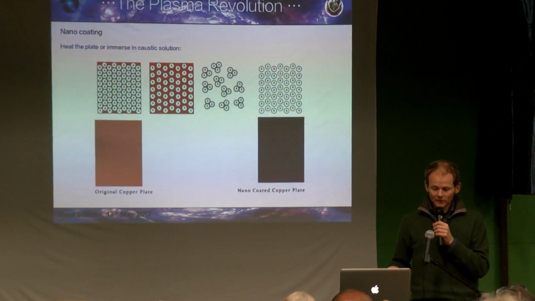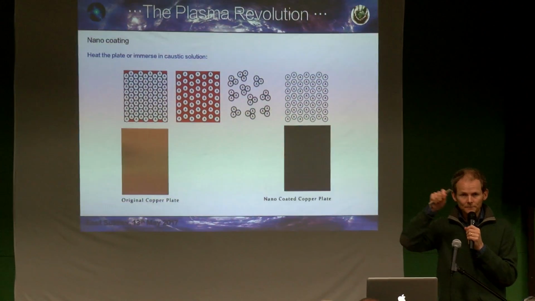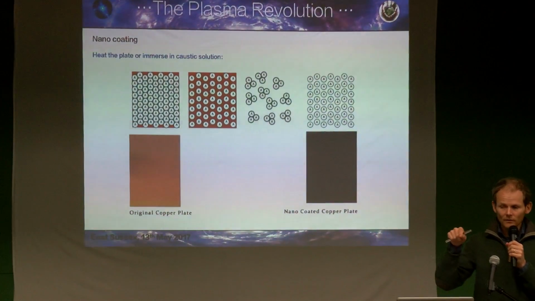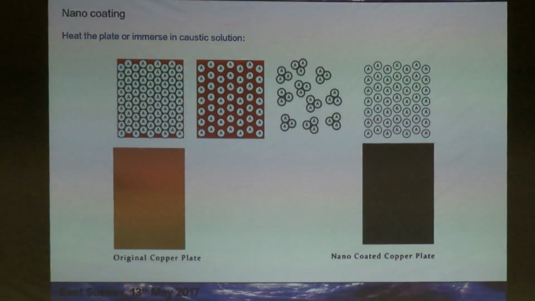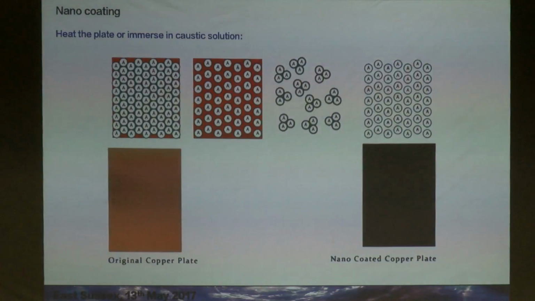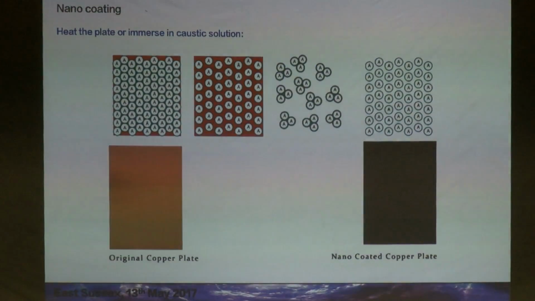If you heat them with fire, or apply a caustic solution, NaOH, sodium hydroxide or potassium hydroxide, it's a very, very strong, I think, gravitational field. It draws the atoms out from the plate into a freer state, and then into an individual atomic state.